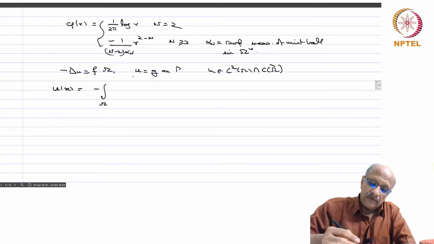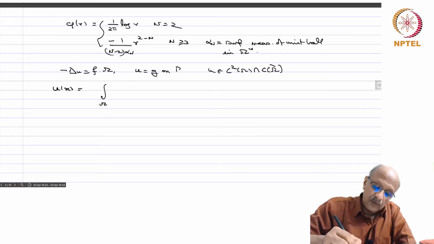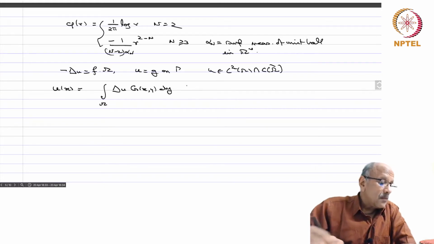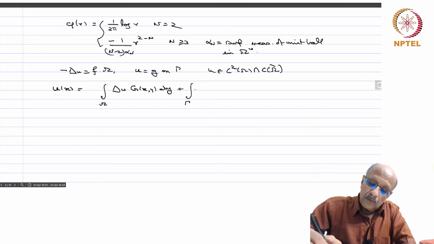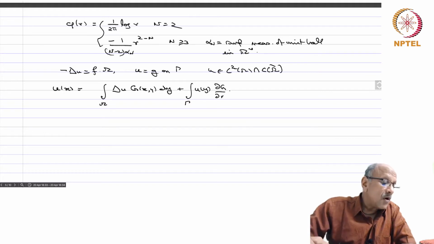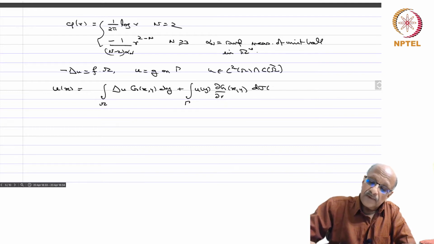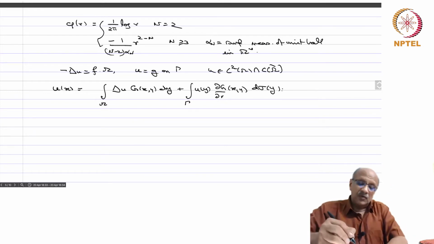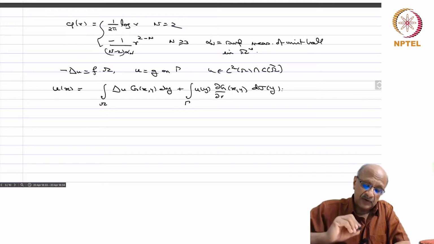Okay, so I will write it differently now. It will give you delta u G of x y dy plus integral on gamma u of y dG by d nu of G of x y d sigma y. Okay, so this we already saw, the representation formula.